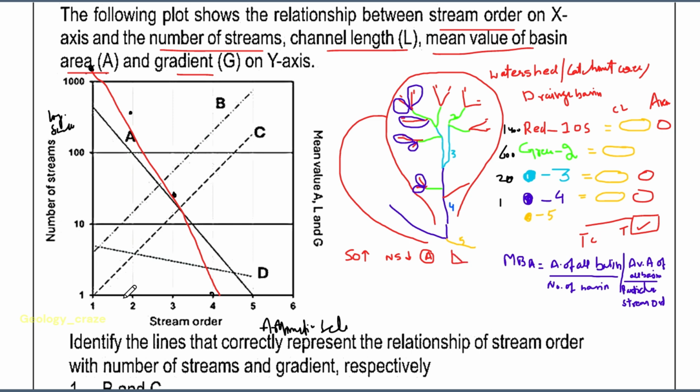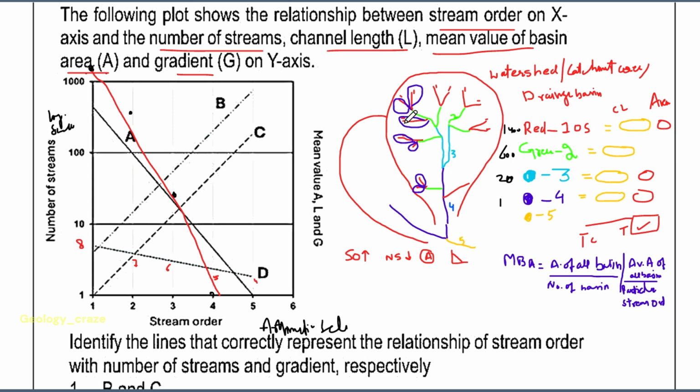Why is not D representing this? Okay. See, in D, the number of streams, suppose, is 8. And in second order, how much is it? Suppose 7. And third order, suppose 6, and 5 and 4, or 3, like that.